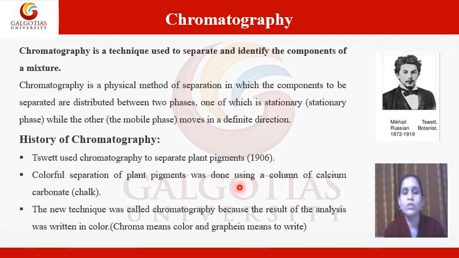This new technique was called chromatography because the result he got was written in color. Chromatography comes from two words, chroma and graphein. Chroma means color and graphein means to write. So the botanist named this technique chromatography.